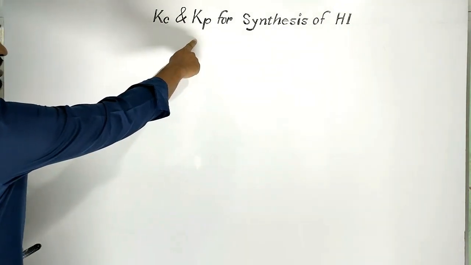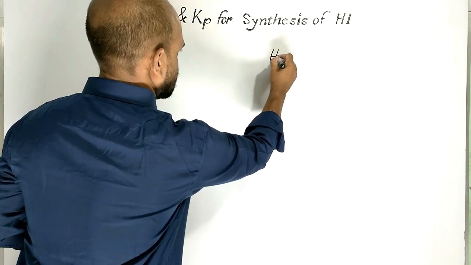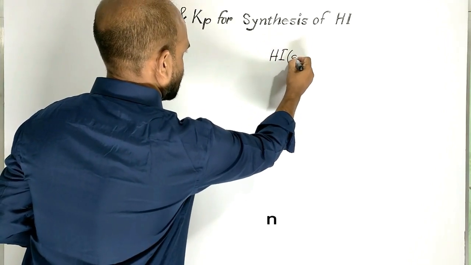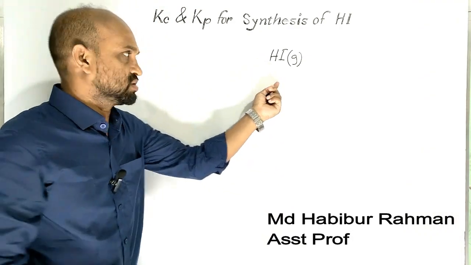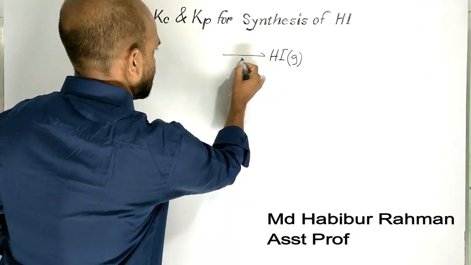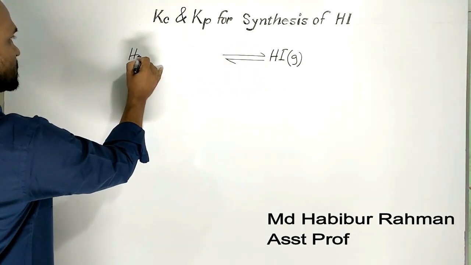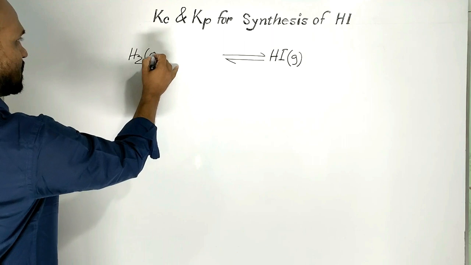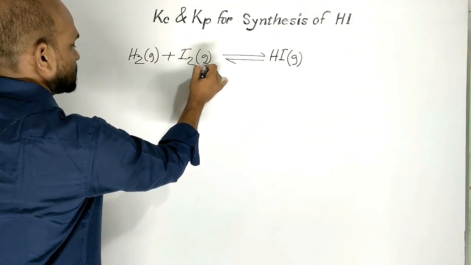Kc and Kp for the synthesis of hydrogen iodide. Hydrogen iodide, which is gaseous in state, is synthesized by the reaction of hydrogen gas and iodine gas.